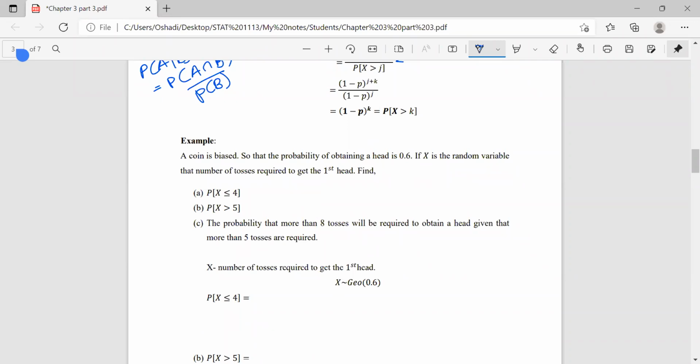Here we can use the summation because we want the probability where x is less than or equal to 4. That means summation x goes from 1 to 4, where the distribution is p times (1 minus p) to the power x minus 1.